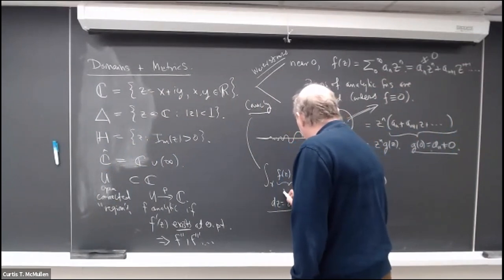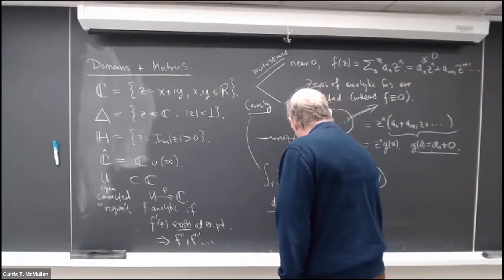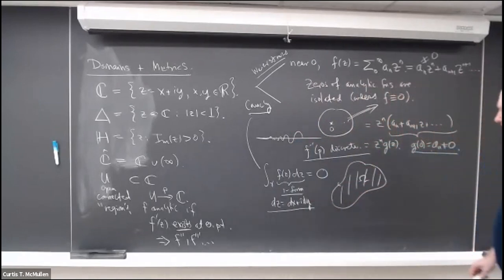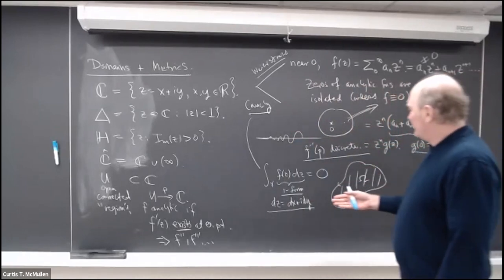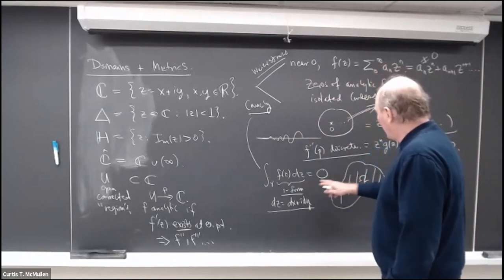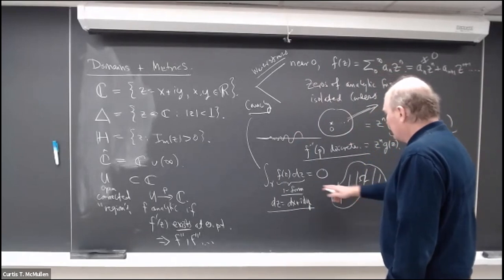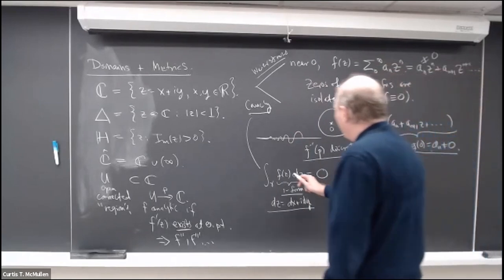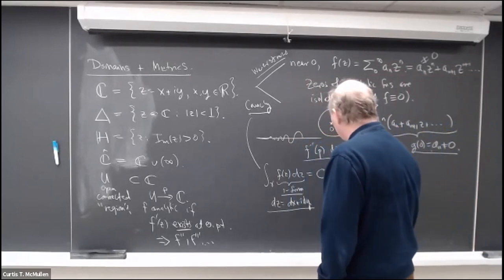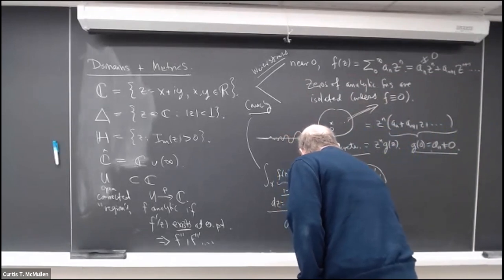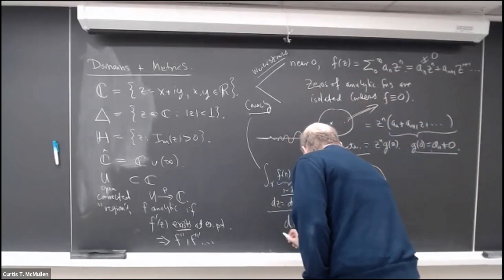And so this object is actually a one-form, and you're integrating it over the boundary of a region. And so the integral of a one-form over the boundary of a region is something that you can analyze by Stokes' theorem. And the key point here is that the reason this vanishes is that the two-form d(f(z) dz) is equal to 0.